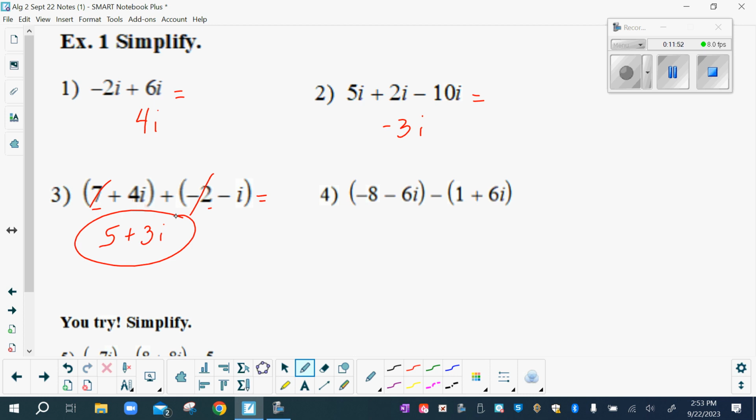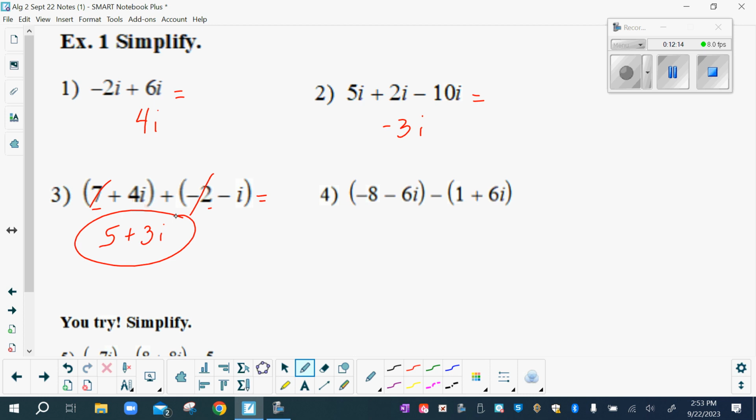So what do we do first on number 4? That's a little different. What's a little different on number 4? Yeah, that minus in front of the parentheses. What do we have to do with that minus? Distribute.